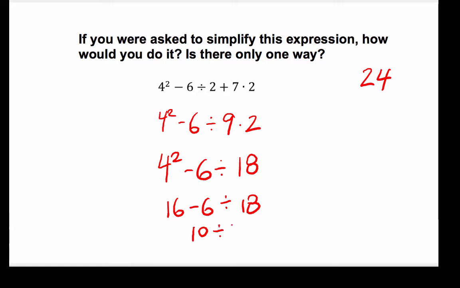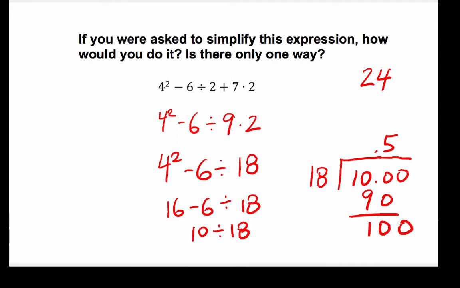10 divided by 18. Well, if I'm not going to use a calculator, doing it the old-fashioned way, 18 doesn't go into 10, so 18 goes into 100 5 times. That's 90.